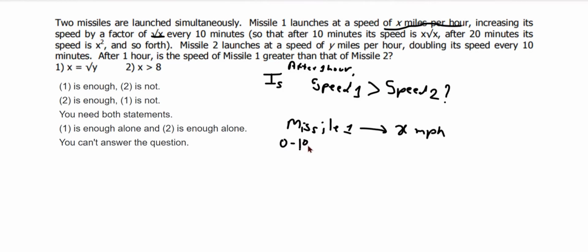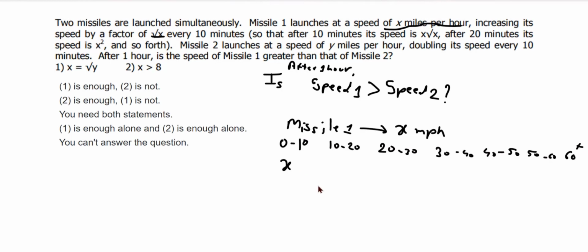Between 0 to 10, the speed is x miles per hour. Then between 10 to 20, then 20 to 30, 30 to 40, 40 to 50, 50 to 60, and then the speed at 60 plus minutes.